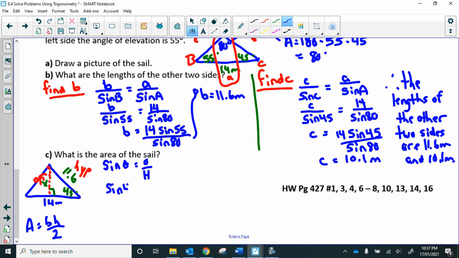I'm going to be using that 45-degree angle as my angle of interest. My opposite is x. My hypotenuse is 11.6. And if I want x all by itself, I'm just going to take that 11.6 and multiply it.